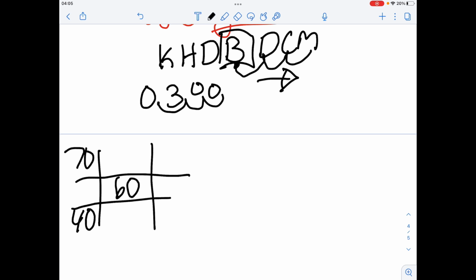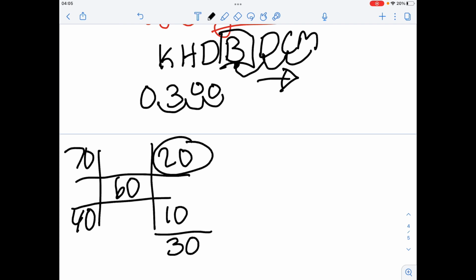Now let's subtract diagonally. 60 minus 40 is 20. 70 minus 60 is 10. Let's add these and we get 30. Remember, this 20 is our parts of 70 and this 10 is our parts of 40. Together, these equal 30.